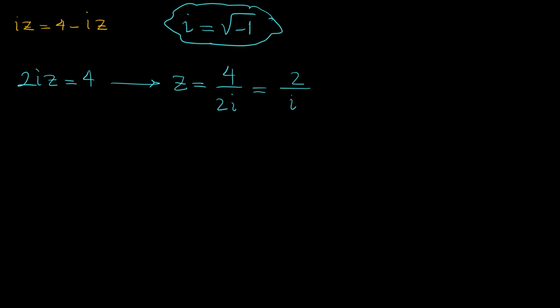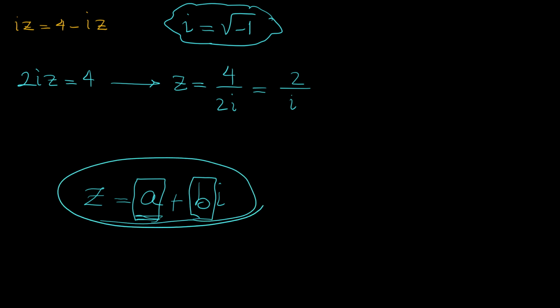But attention, this is the answer of this equation, but this is not the proper form for the answer. Remember, whenever we solve an equation in the complex numbers, the z, the answer of the equation, should be in the form of a + bi, where a shows the real part of the answer and b is the imaginary part of the answer.